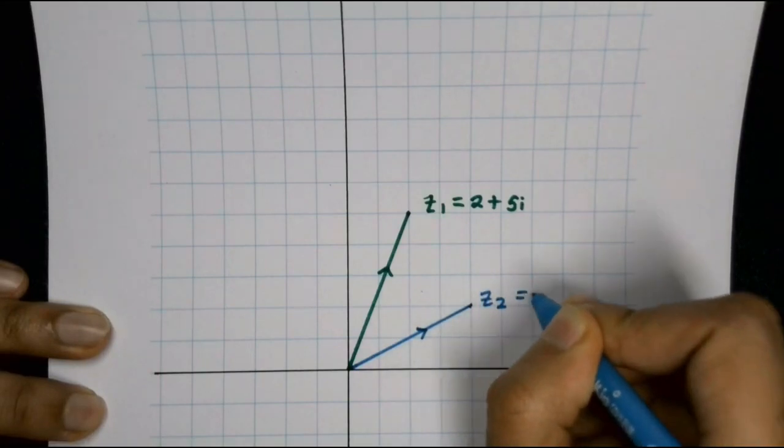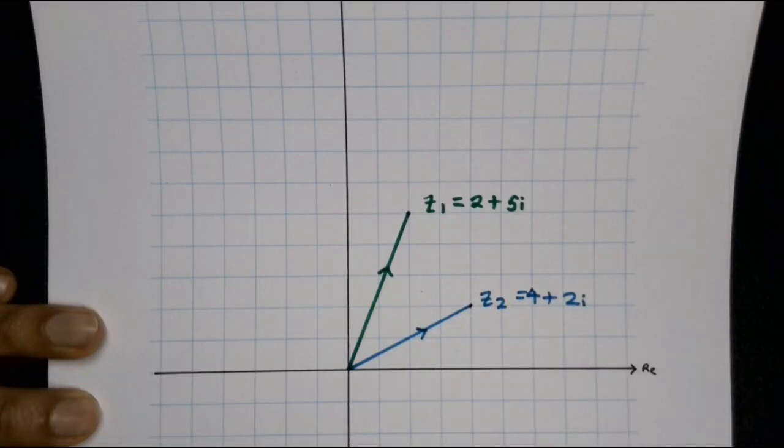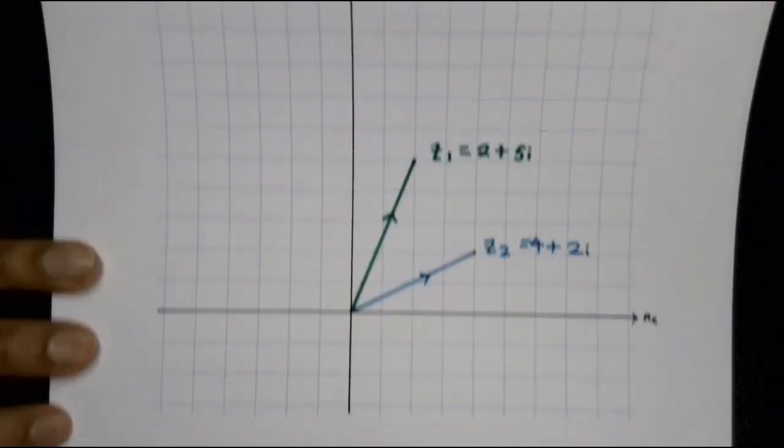And this is equal to 4 plus 2i. And we need to show the vector z1 minus z2. So, if we were to do that, first of all, let's work out z1 minus z2.